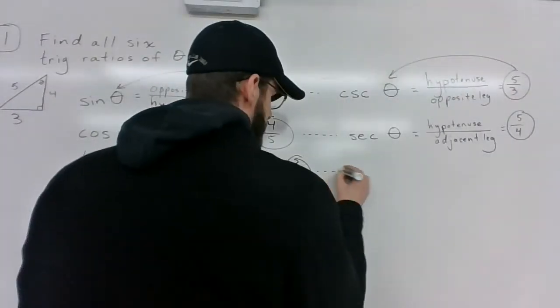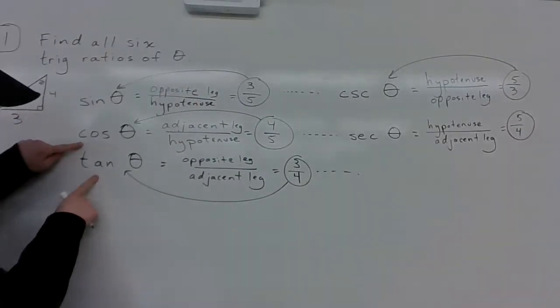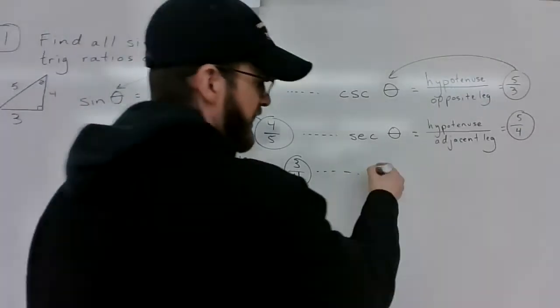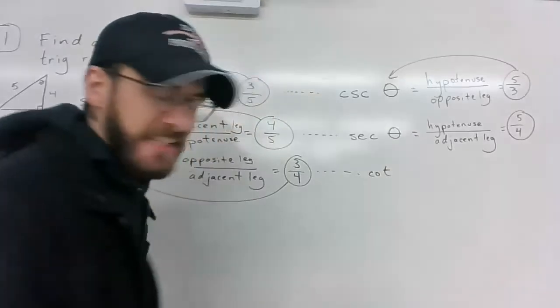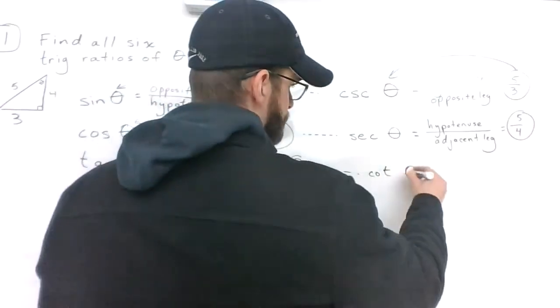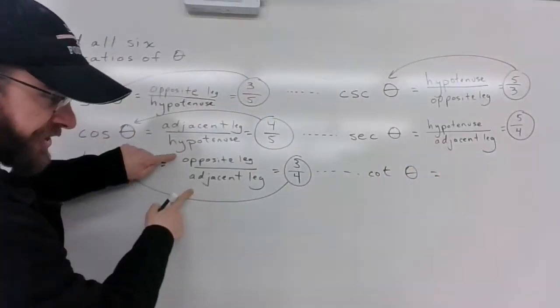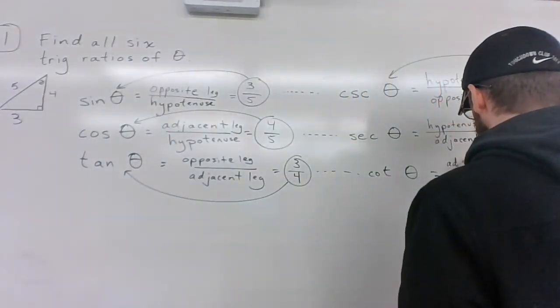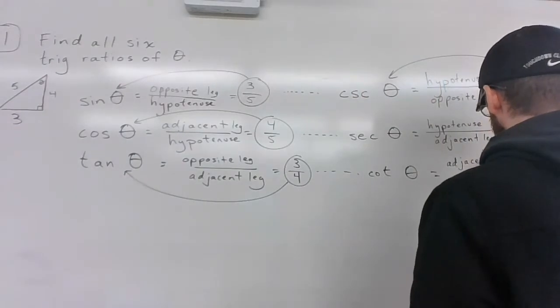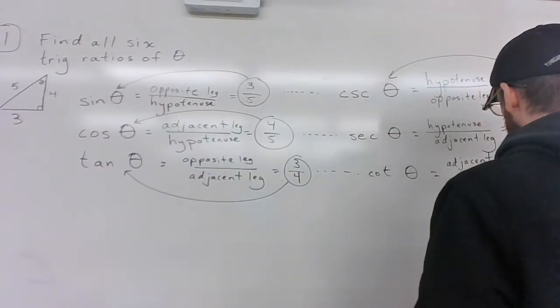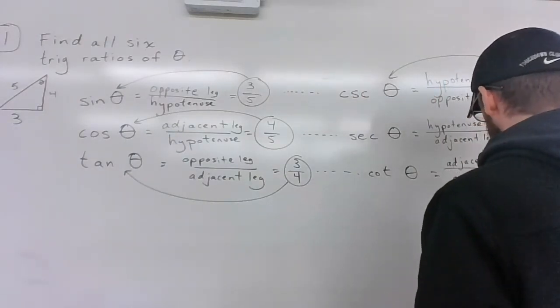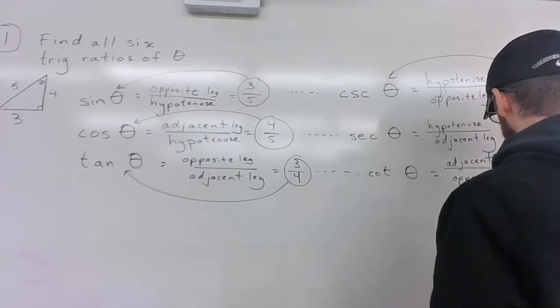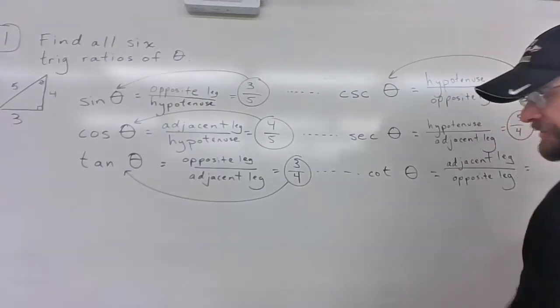And then lastly, the reciprocal of tangent is going to be called cotangent, abbreviated COT. And that's going to be the adjacent leg divided by the opposite leg. In this case, it's 4/3.